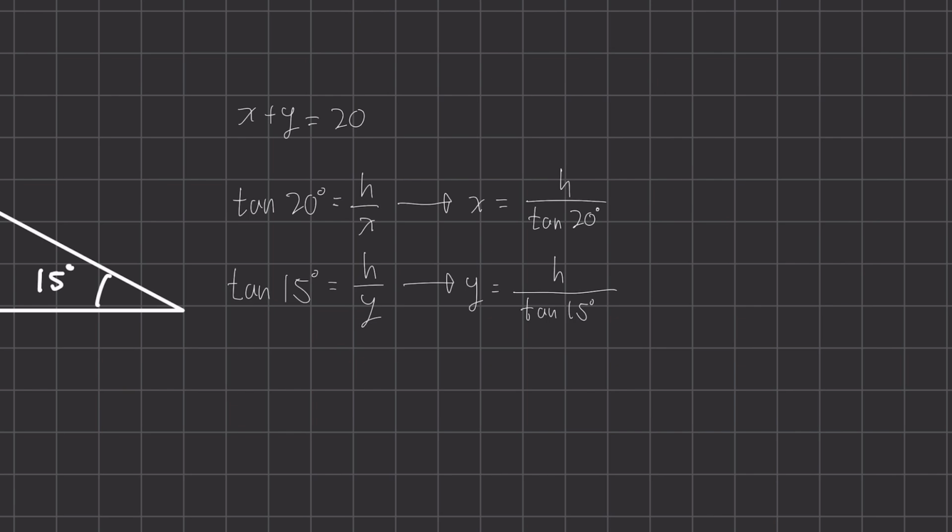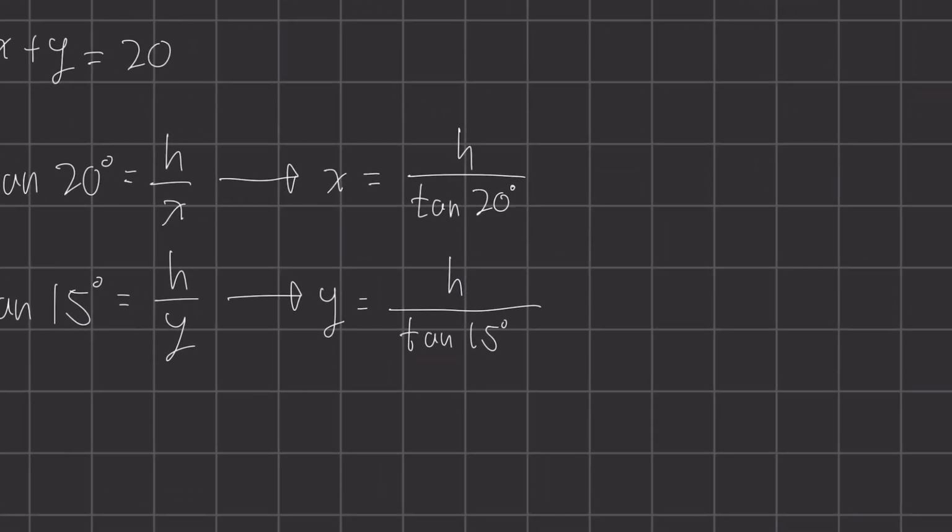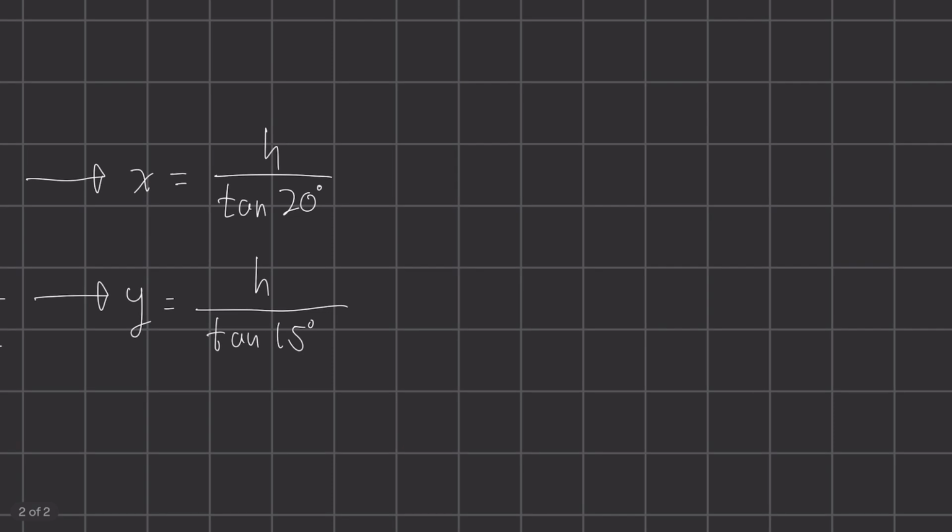So the reason why we do this is because of this thing that we established earlier, that x plus y is equal to 20. That would mean that h over tangent 20 plus h over tangent 15 is equal to 20.